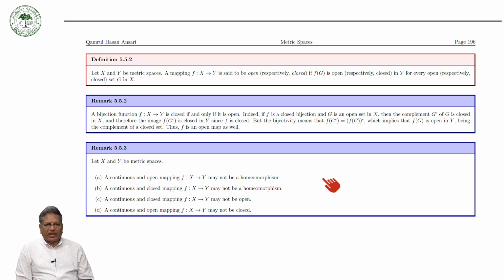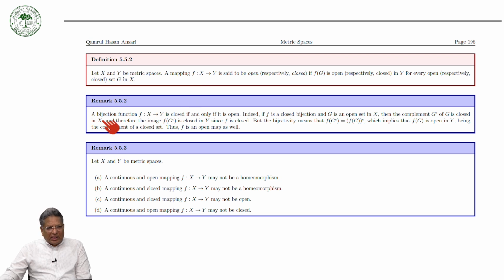So let X and Y be metric spaces and f a function from X to Y. This function is said to be open if f of G is open in Y for every open set G in X. That is to say, a function f from a metric space X to a metric space Y is open if the image of an open set is open, and it is closed if the image of a closed set under f is closed.